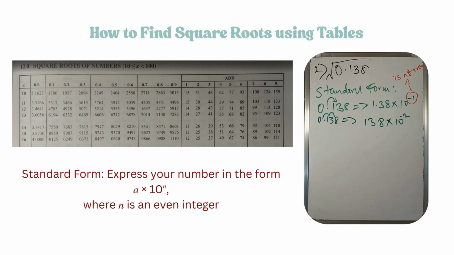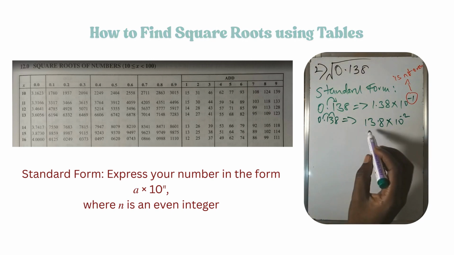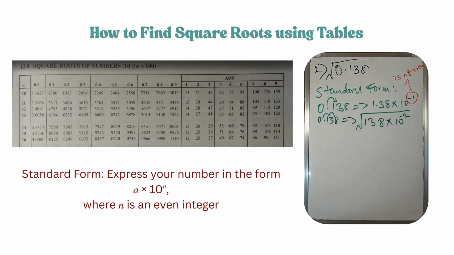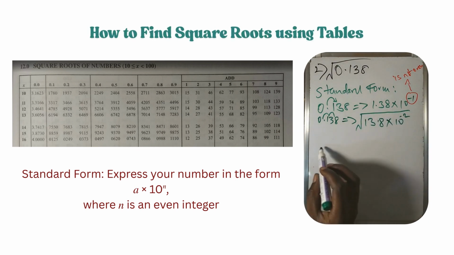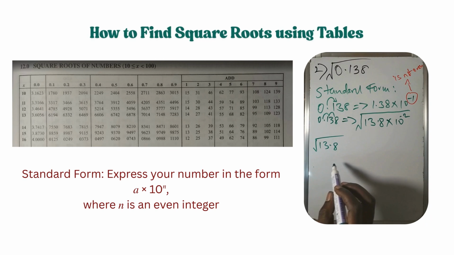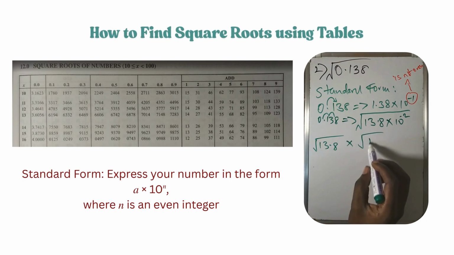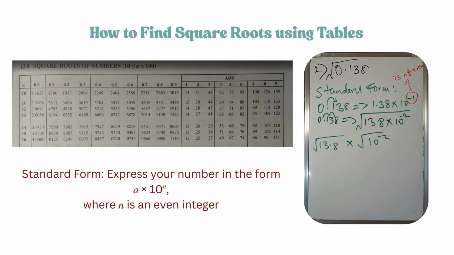Now, we will find the square root of this one here. This will be the same as finding the square root of 13.8 and then multiplying that by the square root of 10 to the negative 2. Now the square root of 13.8 we can get directly from the mathematical table.